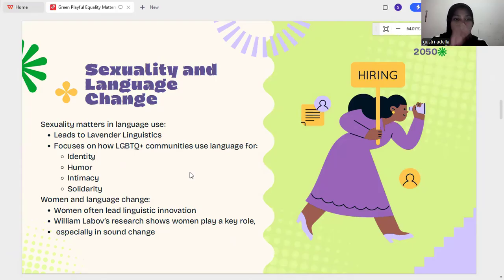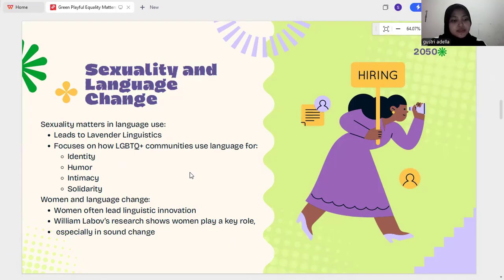And then for women and language change, there are three points. First, women often lead linguistic innovation. And then William Labov's research shows women play a key role, especially in sound change.